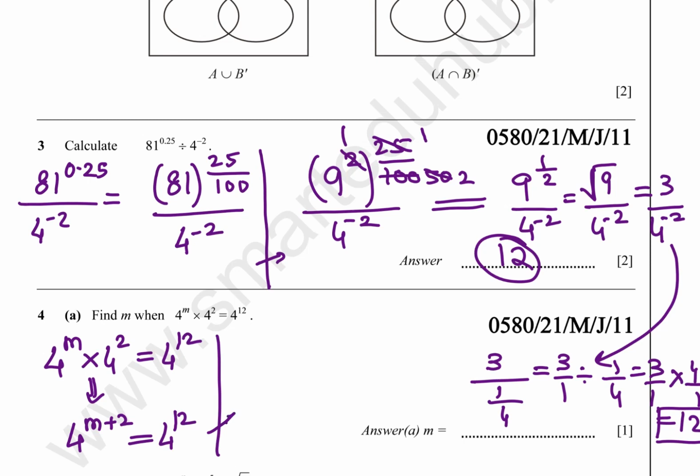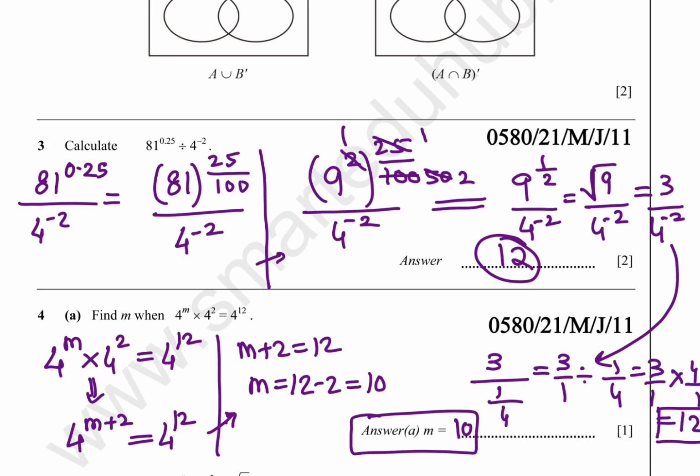Like I told you, if the bases are equal, ignore the bases and equate the powers. So I have m plus 2 equals 12, or m equals 12 minus 2, which is 10. So my m is 10. Fine.